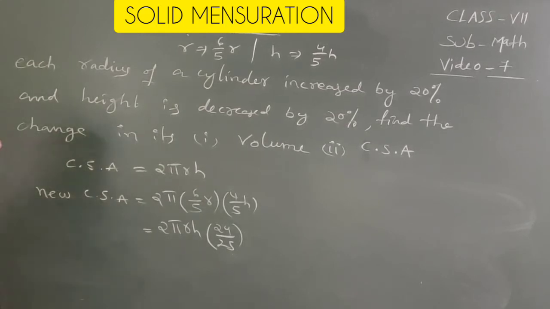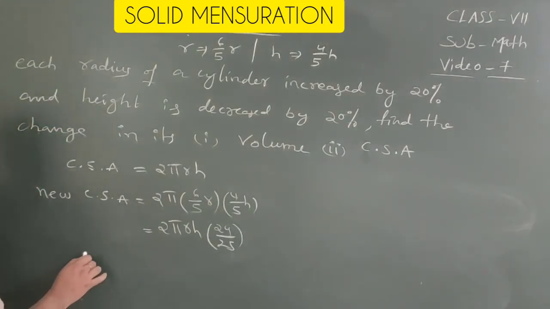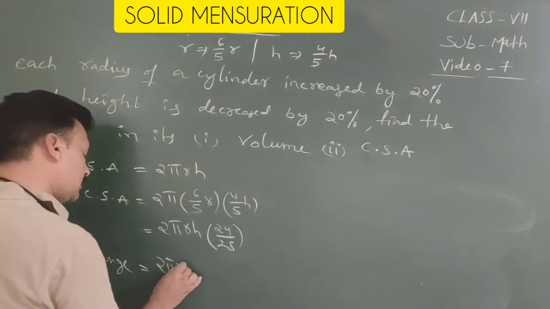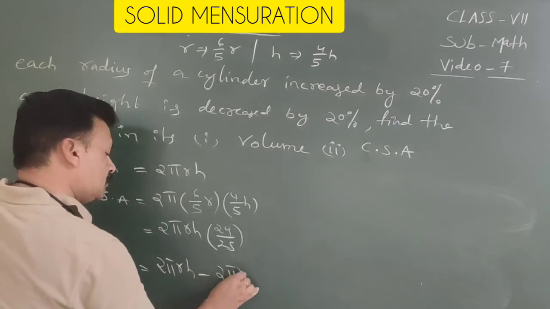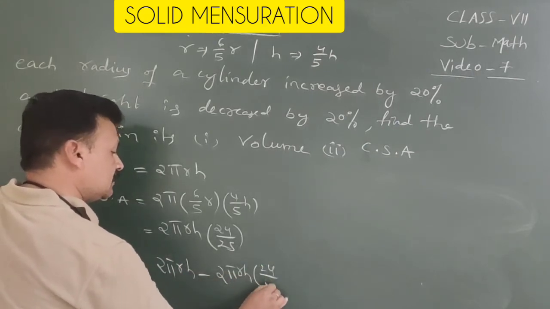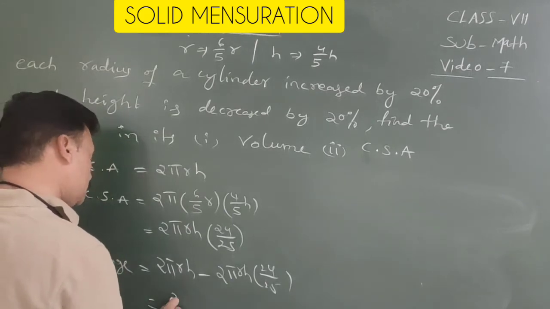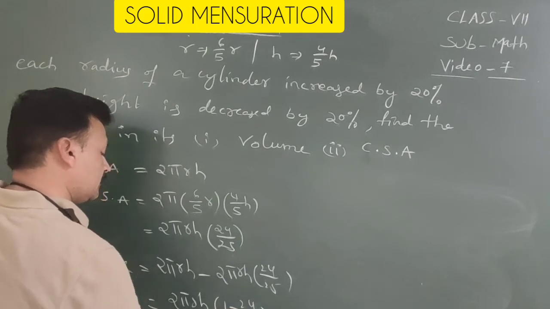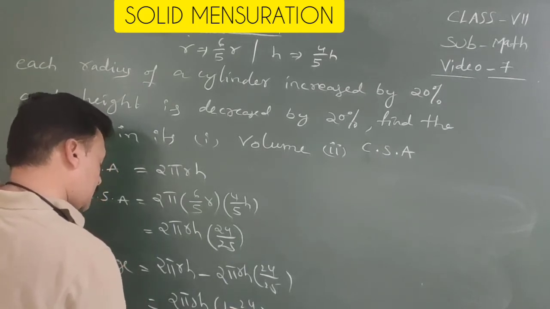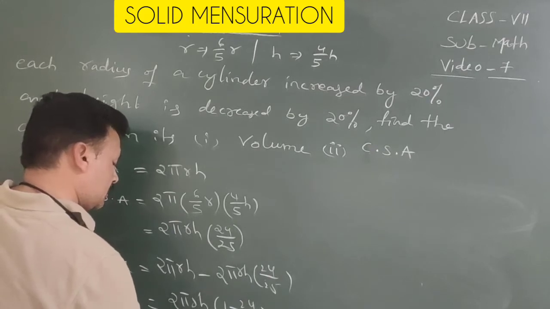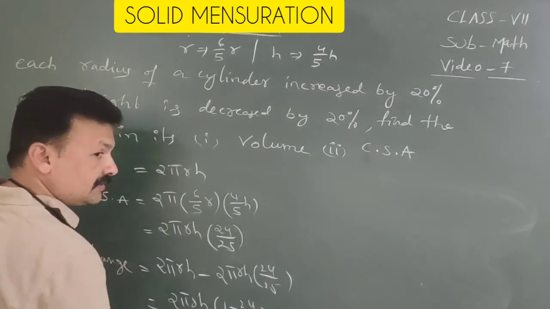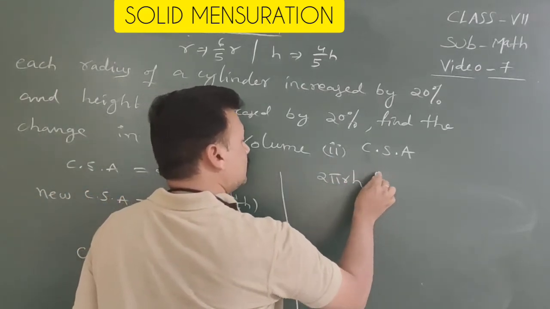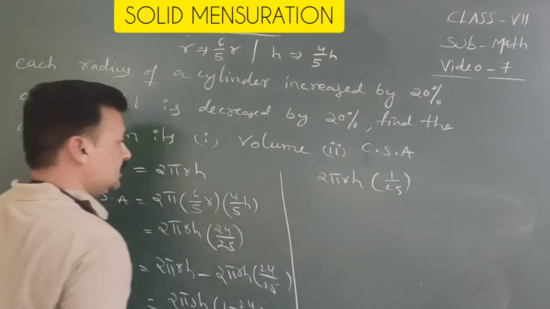Now we need to find its decreased value. Here the change is 2 pi RH minus 2 pi RH of 24 by 25. So here 2 pi RH common, 1 minus 24 by 25. Here 2 pi RH of 1 by 25. That is the change.